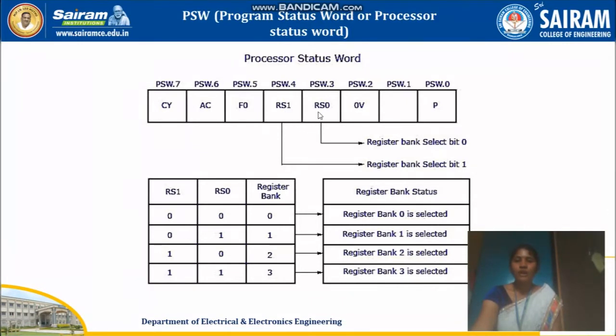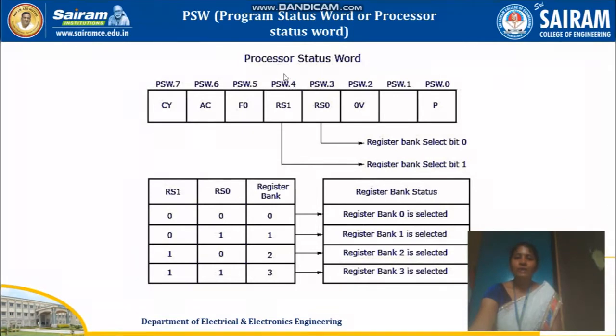Why are these two bits, RS0 and RS1, important? Among the 4 banks of registers, that is register bank 0, register bank 1, register bank 2, register bank 3, whatever data we give here, based on that, the particular register bank will be selected. For example, if I give SETB PSW.3, it means RS0 will be equal to 1.